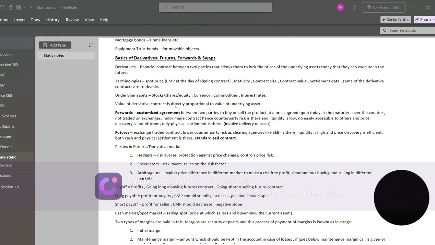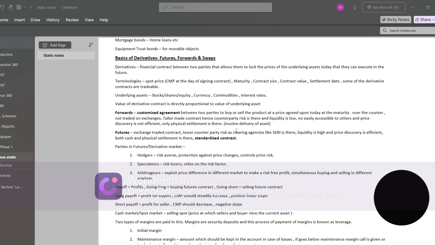It is also over the counter, and they are not traded on an exchange market, so they are not that secure like the ones traded on exchange markets, which have clearing agencies like SEBI and so lower risk. Since they are not traded on exchange markets, they are not that secure in nature, but at the same time they are very much customized, so they can benefit you more.